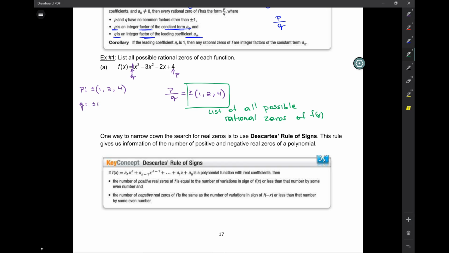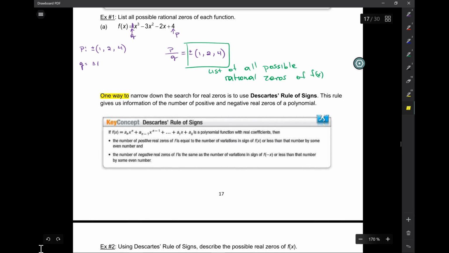So -3 can't be a zero. -2/3 can't be a zero. Does this give you any information on irrational zeros? Can √3 be a zero of this? Possibly. Possibly, we don't know. Only the rational ones, right? We only have information on the rational ones. Okay.